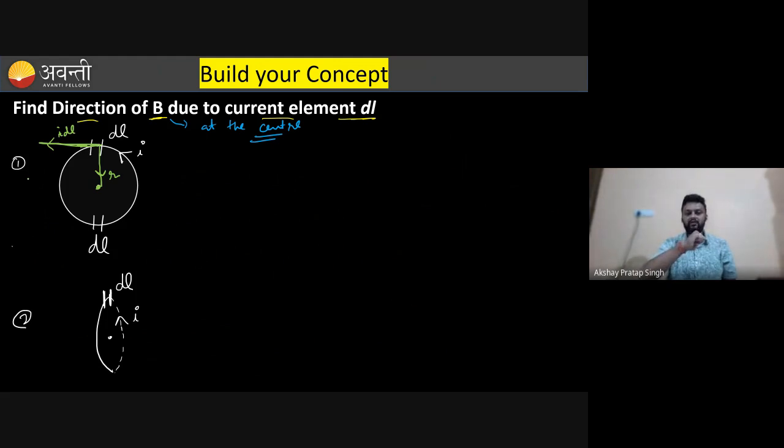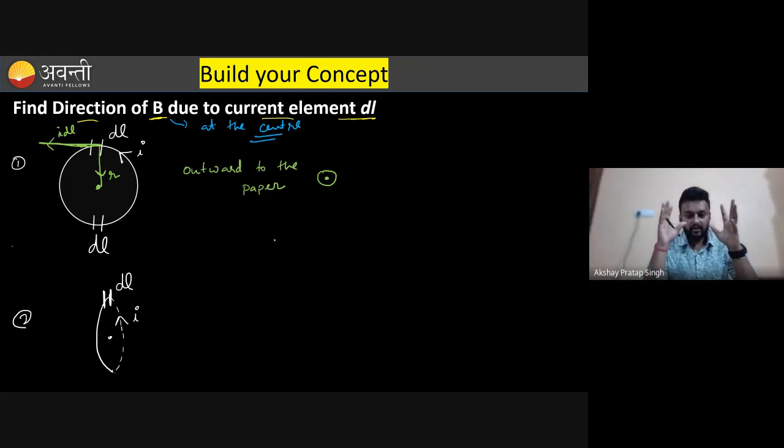The thumb is coming towards me, that means coming out of the screen. So I will say that is outward to the paper. And this outward to the paper is represented by a dot inside the circle. Are you able to get it?